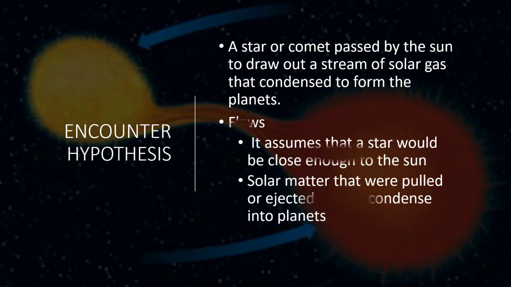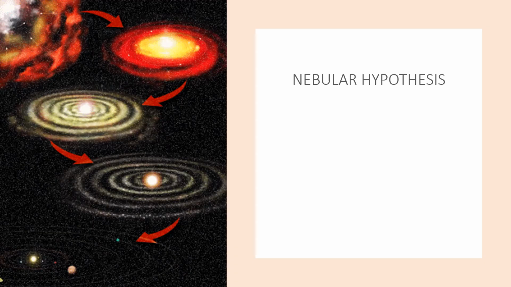One common flaw of these theories is that they assume that a star would come close enough to the sun, which is an event that would be highly unlikely to happen. Moreover, Jeans even acknowledged close encounters with another star to be very rare. Another flaw is that the solar matter that was either pulled or ejected could not have acquired sufficient angular momentum to condense into planets.